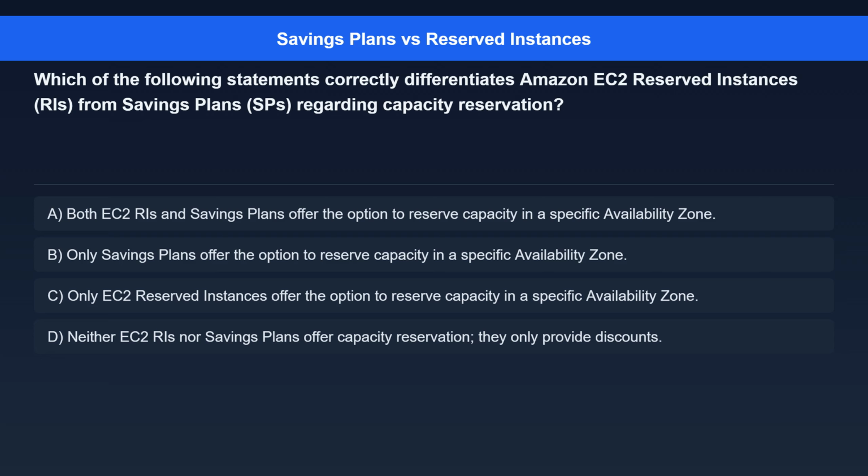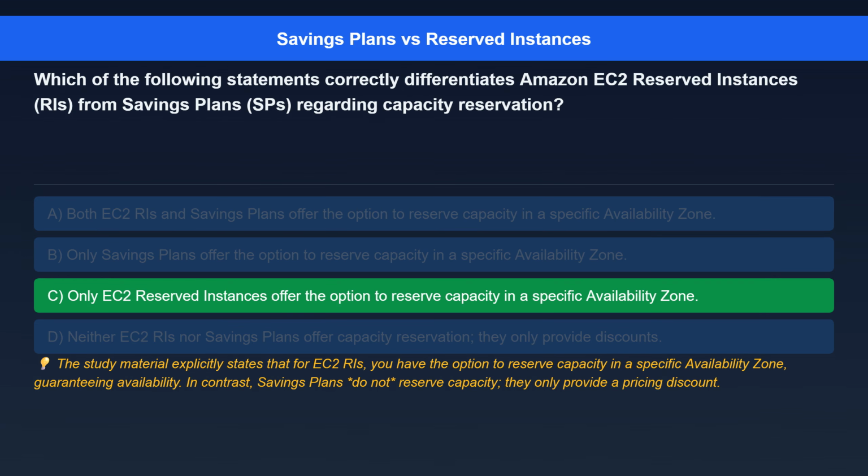Option B. Only savings plans offer the option to reserve capacity in a specific availability zone. Option C. Only EC2 reserved instances offer the option to reserve capacity in a specific availability zone. Option D. Neither EC2 RIs nor savings plans offer capacity reservation. They only provide discounts.